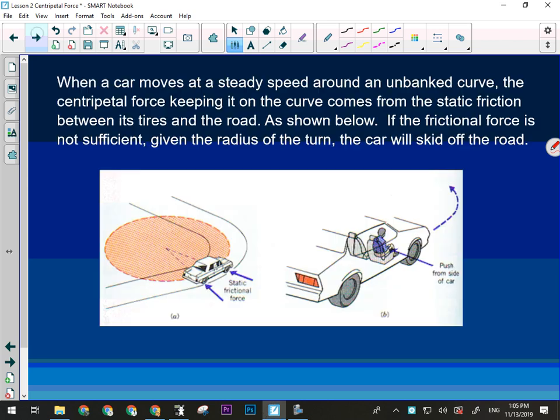All right. So, looking at unbanked corners here. Okay? When a car moves at a steady speed around an unbanked curve, or just a regular corner, the centripetal force keeping it in the curve comes from the static friction between its tires and the road. Static friction. Right? If you start to slide, what kind of friction are you relying on?